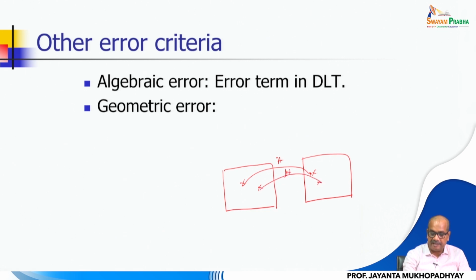I have to get such an H by applying which I get a point here. The distance between these two shows how good my estimate is. I would like to get them as close as possible to my observation. Now it may be noisy also. So for all the points, I should find the H which will minimize the sum of squares of these distances.